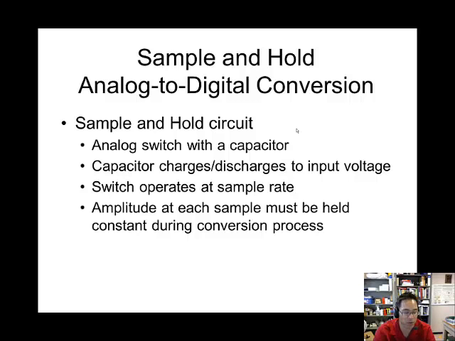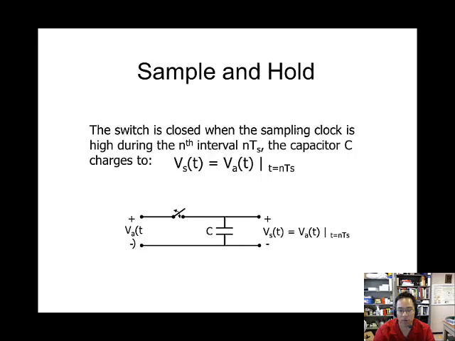So that's one restriction on analog to digital conversion: how fast you can do it. Also, we're going to talk about how many bits they sample as well. The amplitude of each sample is held constant during the conversion process, and that's what the sample and hold circuit accomplishes for us.